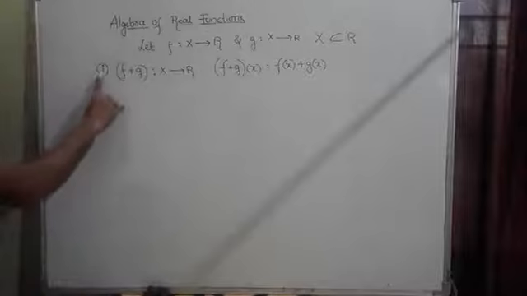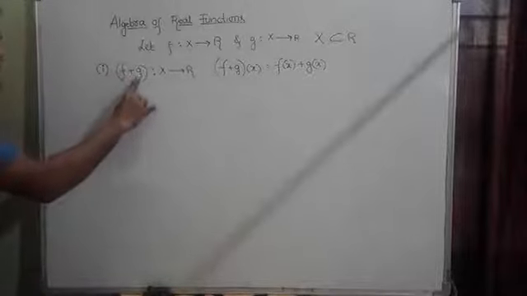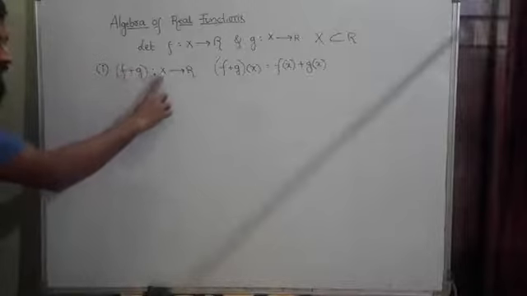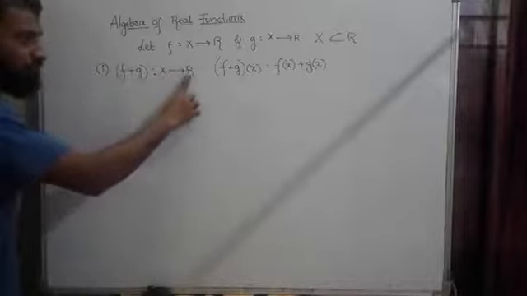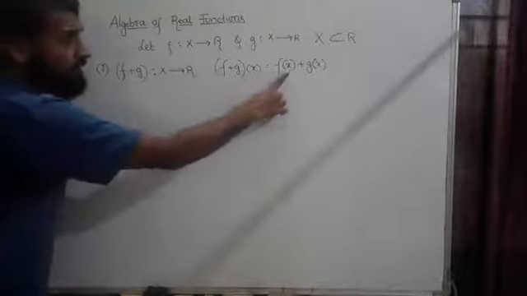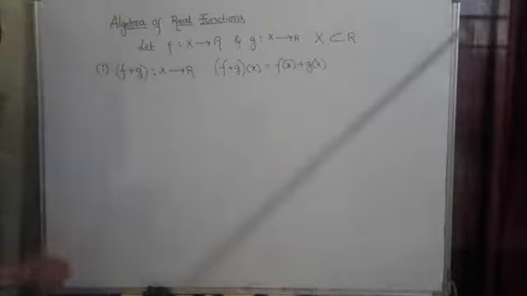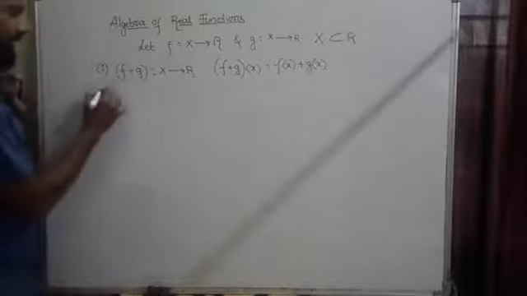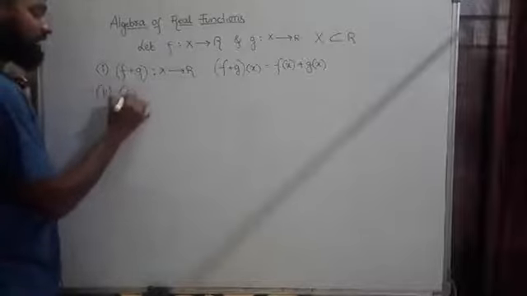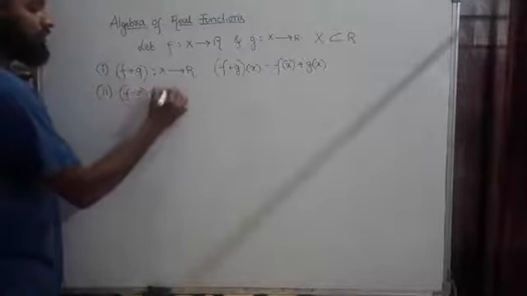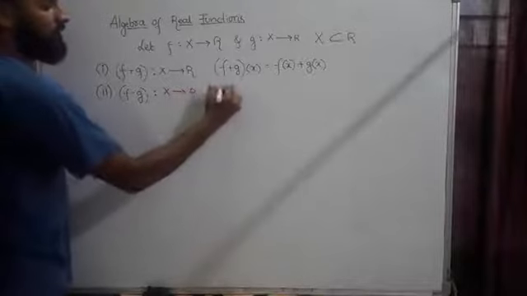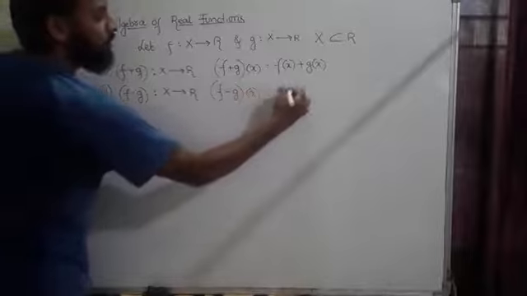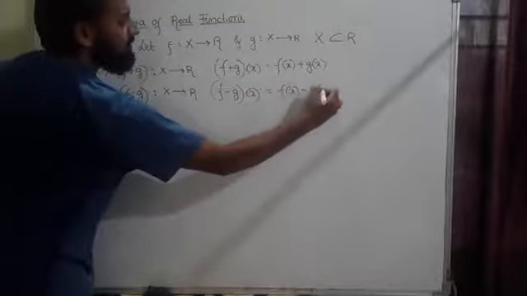So then we define f plus g, the two functions we are adding, which is defined from X to R, again X to R, which is given by (f plus g)(x) equals f(x) plus g(x). Means you can add them separately. Similarly you can subtract them. (f minus g)(x) is equal to f(x) minus g(x).